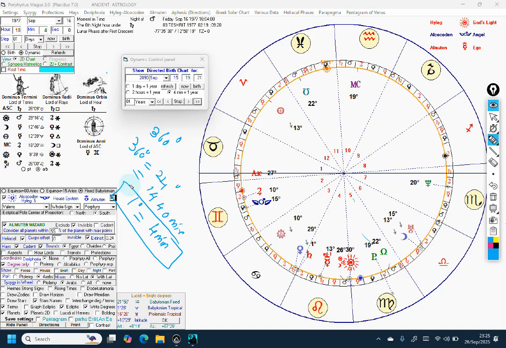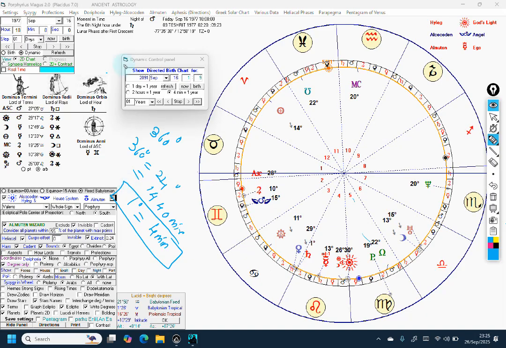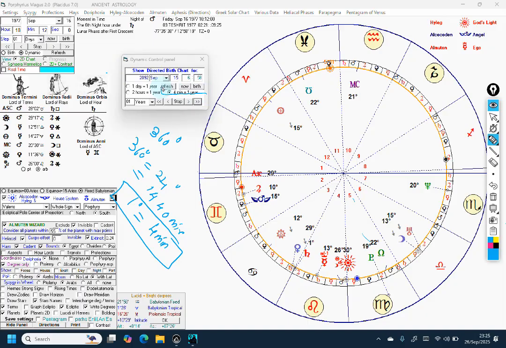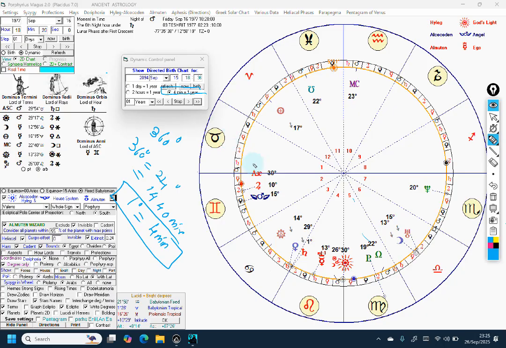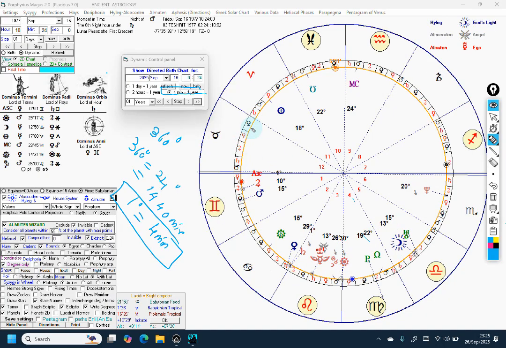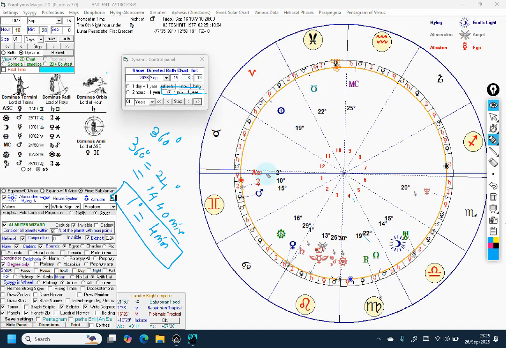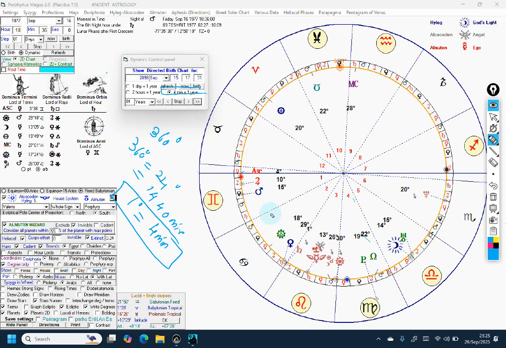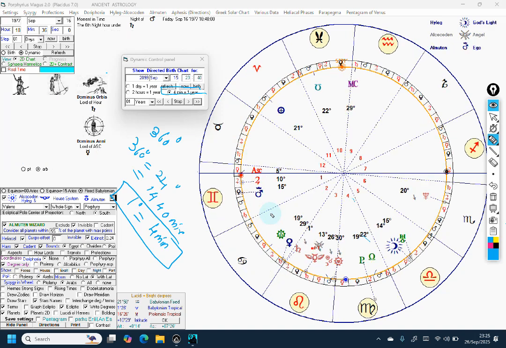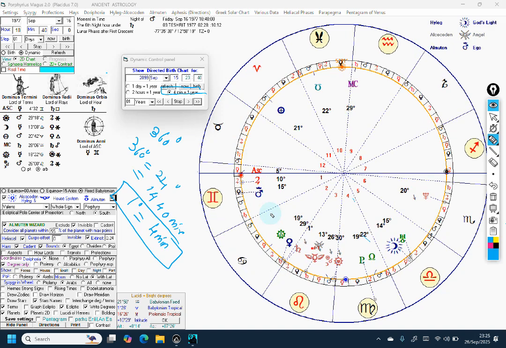Now look, focus here, right? This 4 minutes is equal to 1 year. With every 4 minutes of movement, you see the ascendant changing by 1 degree: 2 degrees, 3 degrees. So 4 minutes of clock time is equal to 1 degree, and this 1 degree is symbolically equated to 1 year.